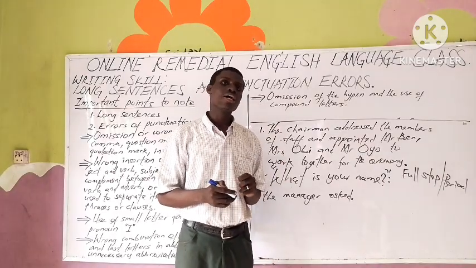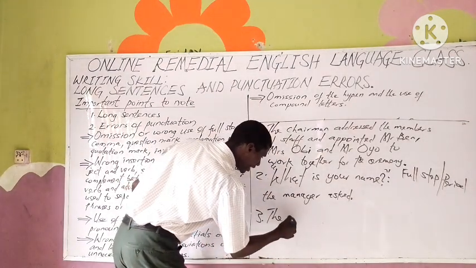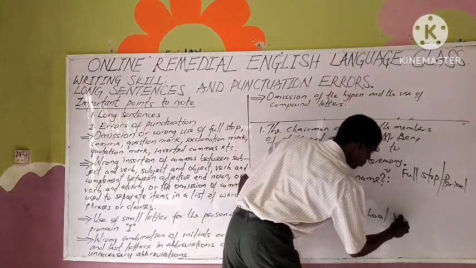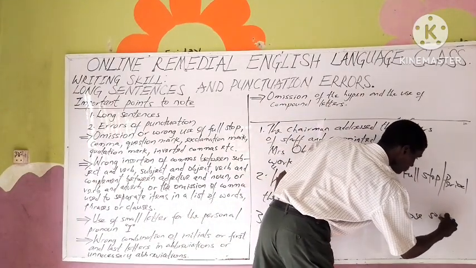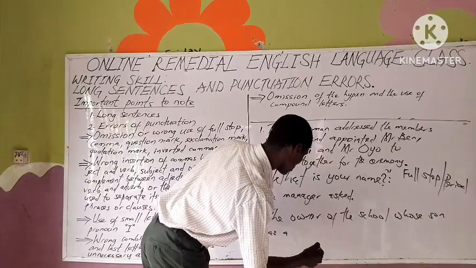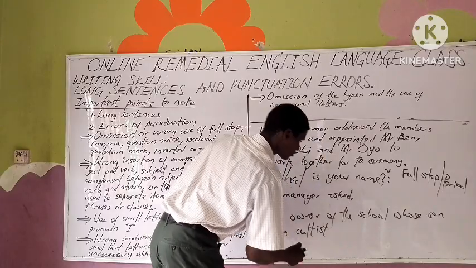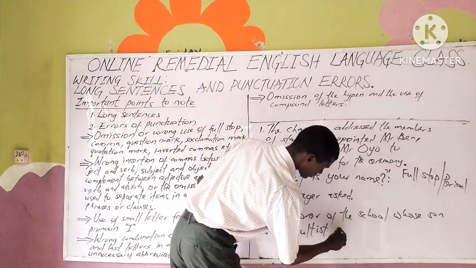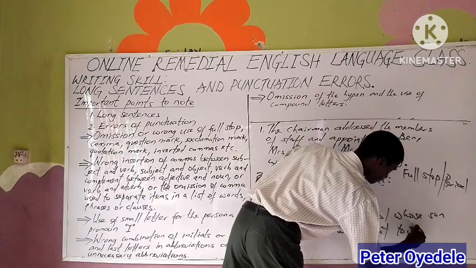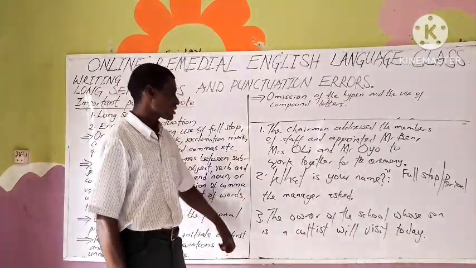Another one: the owner of the school, whose son is a cultist, will visit today. You can leave this kind of expression like this.